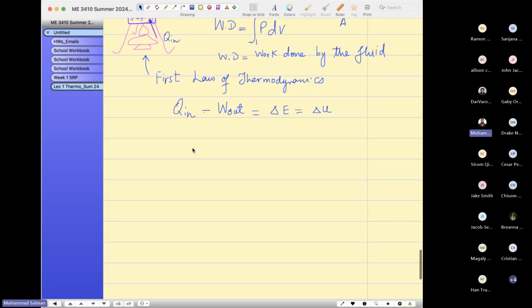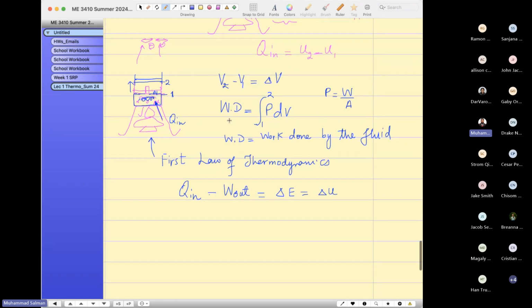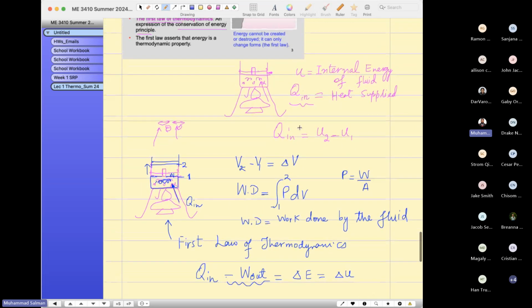We will study more about it. This is the heat supplied in the movable lid. Some of the heat is utilized to move the lid to position 2. In the fixed case, there is zero work done because the lid is rigidly fixed, and the first law can be written like this.